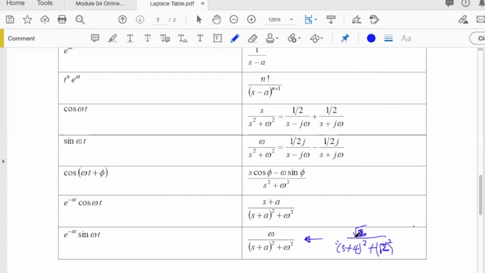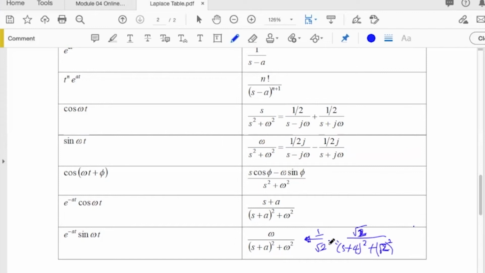So in order to maintain the original equation, we multiply with the constant of square root 2, so that would become 1.